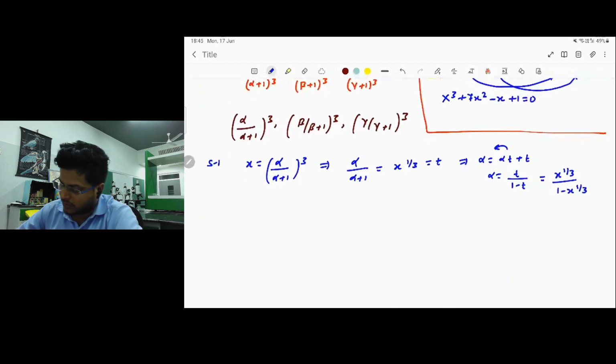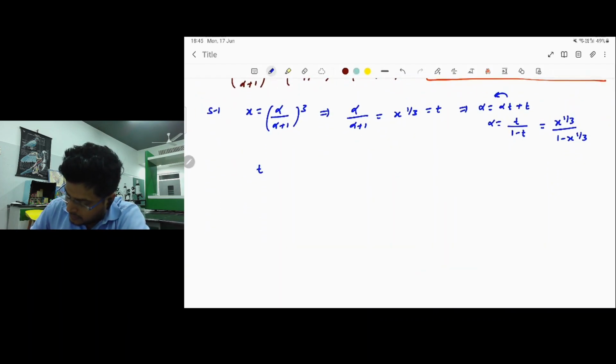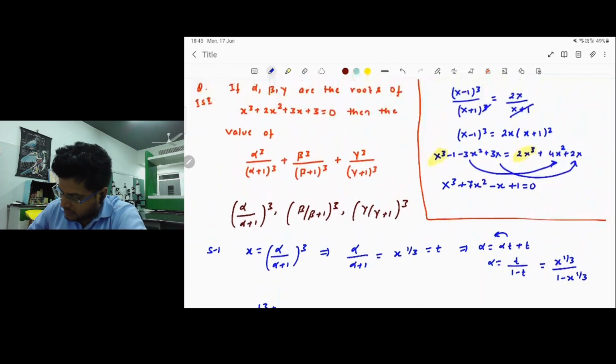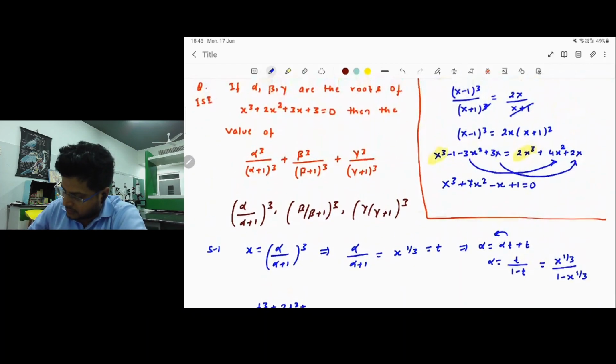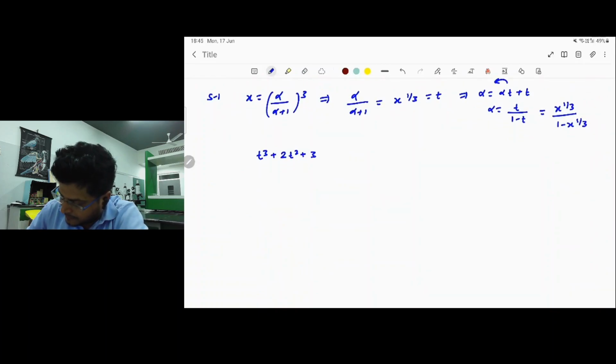Now alpha you will substitute back, isn't it? So how will the equation look? It will look like t cube plus 2t square plus 3t plus 3 equals 0. Now what is t? Feed the value.